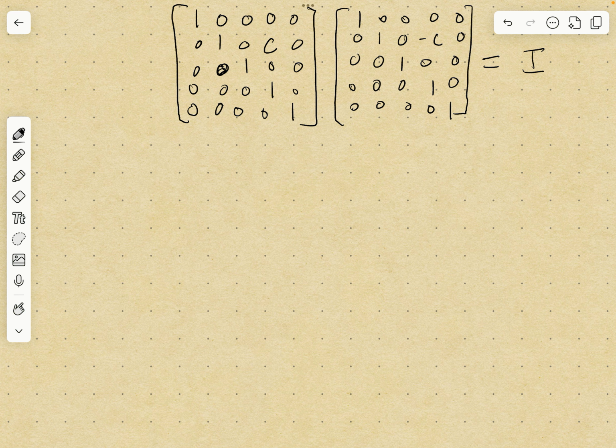Now let's apply this fact to understanding invertible matrices. So let's just recall that if you have an invertible matrix A, what do you get when you row reduce A? So you have a square matrix A, an n by n matrix. You row reduce it all the way to the reduced row echelon form.